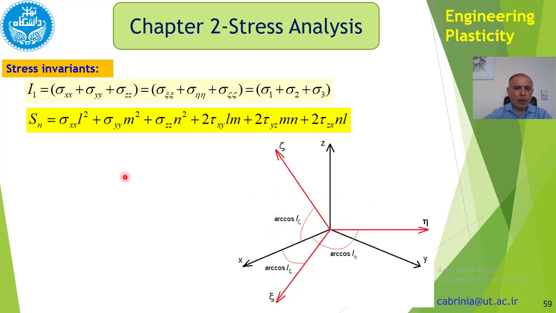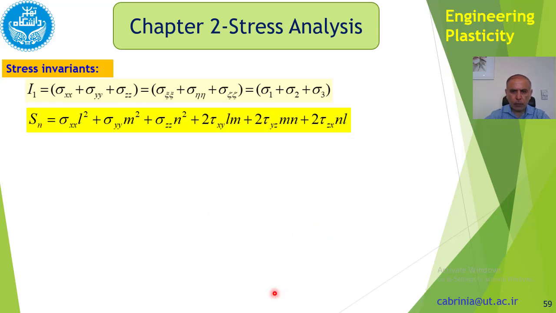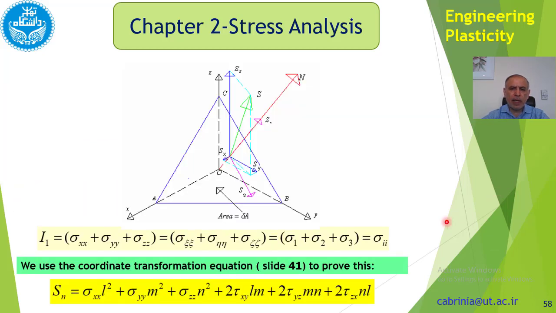Now we have Sn for the Cartesian axis, but we could change this n, supposing n is this one, because n is On.